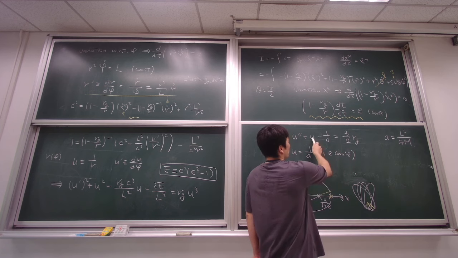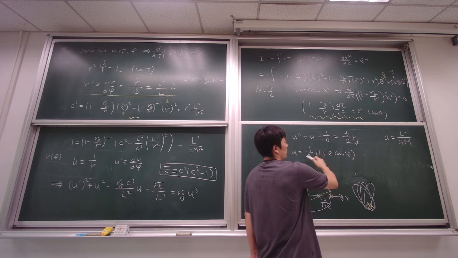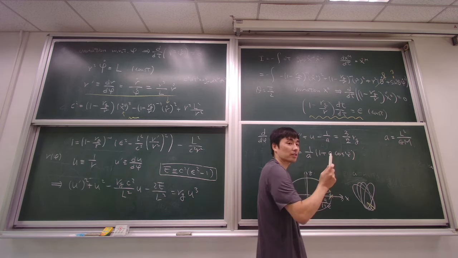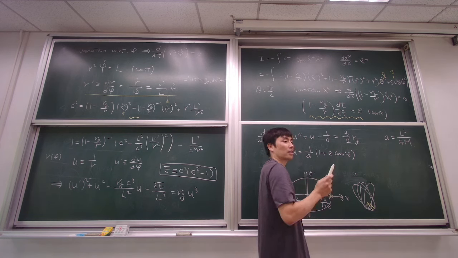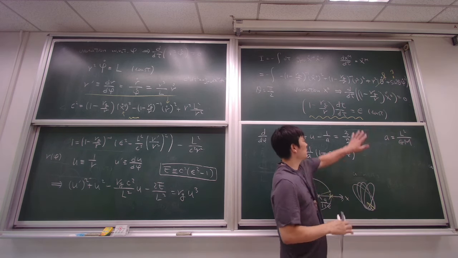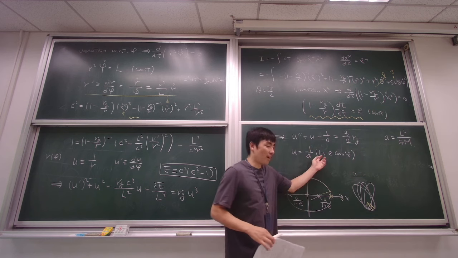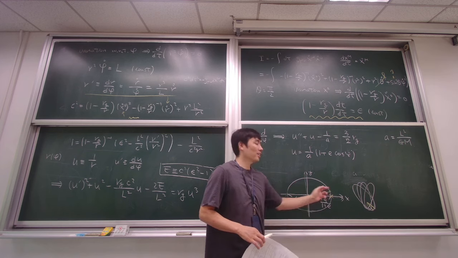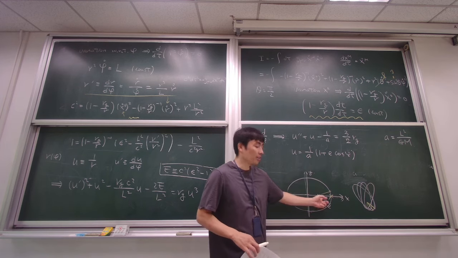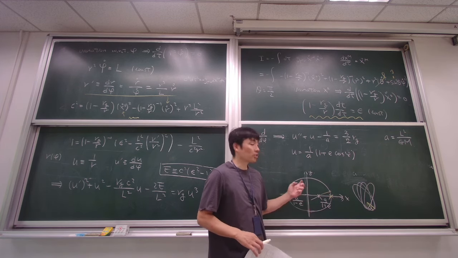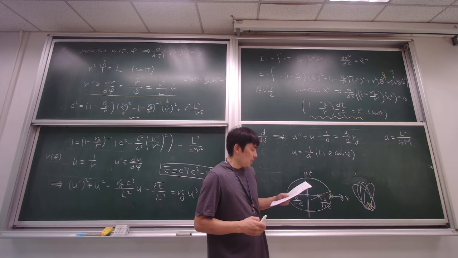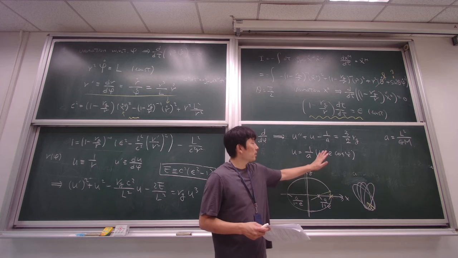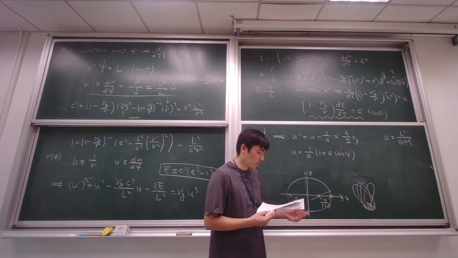But u minus 1 over a is e cos φ over a, so this part will cancel. Okay, do you understand? Okay, so therefore this is the equation for an ellipse. Okay, a is exactly the a written here, e is the eccentricity here. Fine. So e can be understood as some kind of integration constant and so on. Okay.